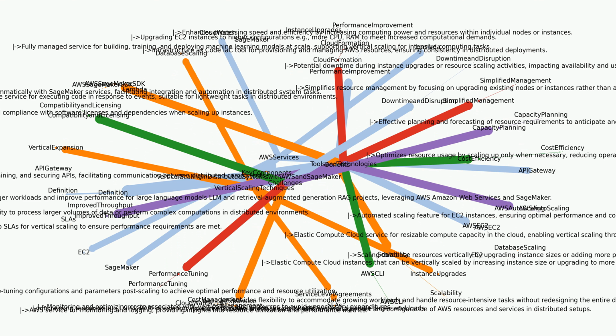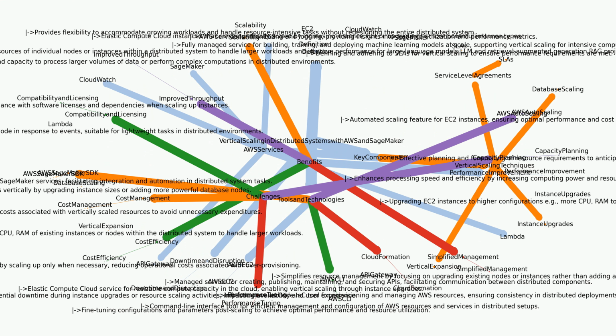Database scaling: scaling database resources vertically by upgrading instance sizes or adding more powerful database nodes. Service level agreements, SLAs: defining and adhering to SLAs for vertical scaling to ensure performance requirements are met.